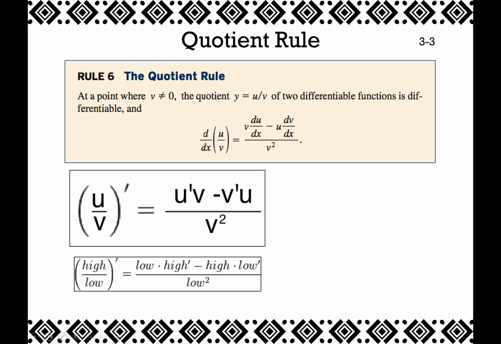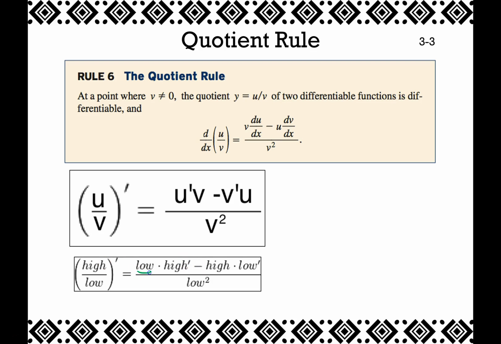Here's another way, and one of my old coworkers used to use this method. If you're doing high divided by low, think of high as the numerator because it's up higher, and low as the denominator. And if you're taking the derivative of it, you can say low d high. I'm saying d because you're taking the derivative.